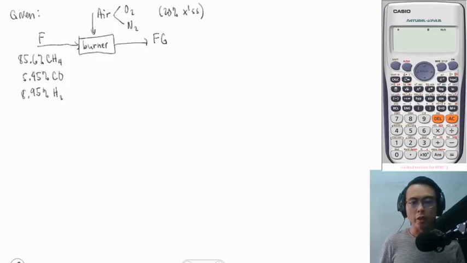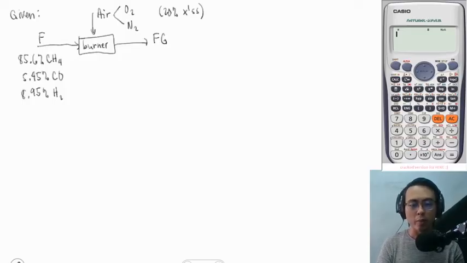We have the classic burner, wherein the feed is given as 85.6% methane, 5.45% carbon monoxide, and 8.95% hydrogen. Our air is supplied in 20% excess, and we have oxygen and nitrogen in our air.